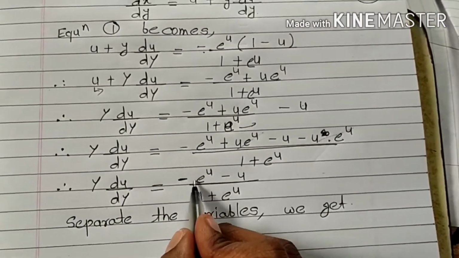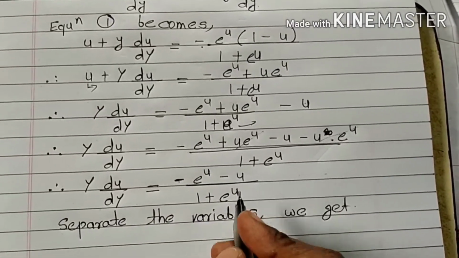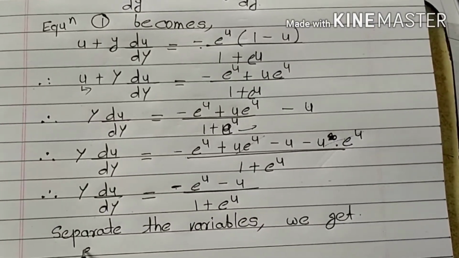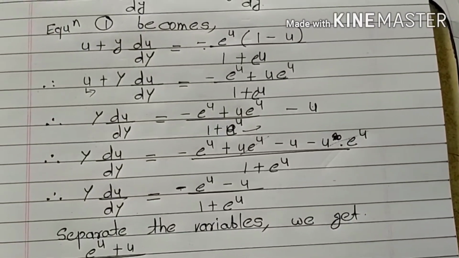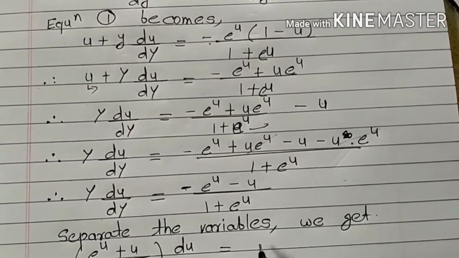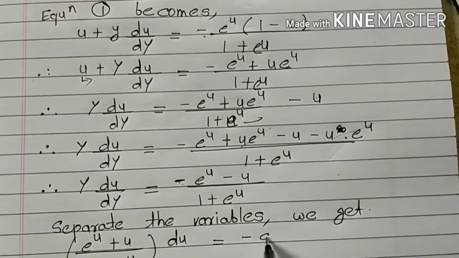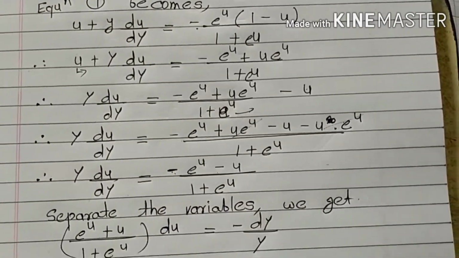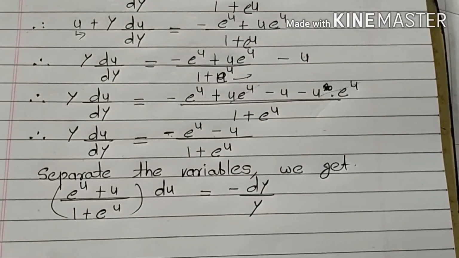So before that, this minus sign will be common, so we get e raised to u plus u upon 1 plus e raised to u, this is the term of du, which is equal to minus dy upon y. Okay, one step is skipped.